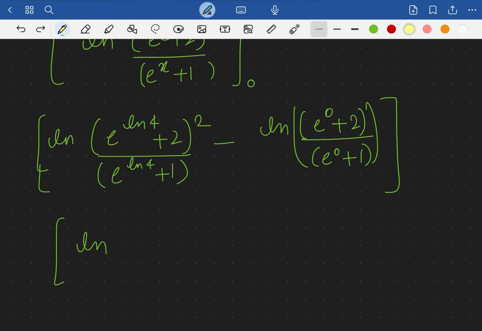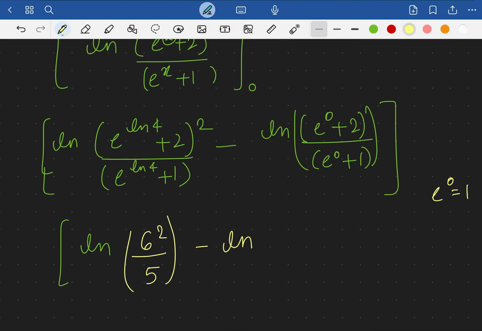So hence you will get 6 square over 5, minus ln, and e to the power of 0 is always 1. So when you calculate it, you will get 3 square over 2.